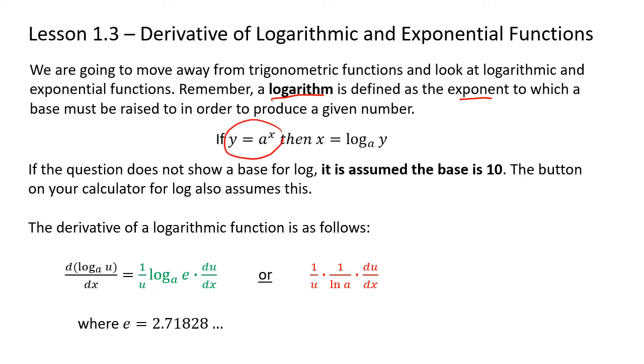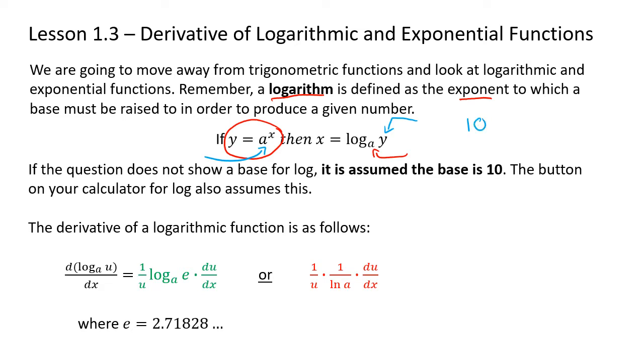if you have a function y equals a to the exponent x, what that means is if you take the log of it, the base of that is a, in other words, the base of this exponent function, and the number you're using for the log is actually the number that's being output.